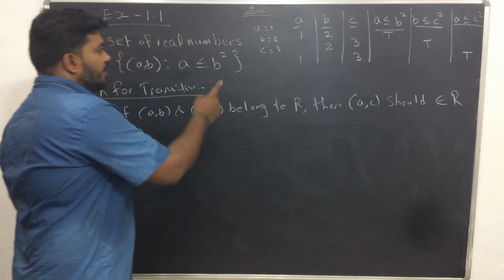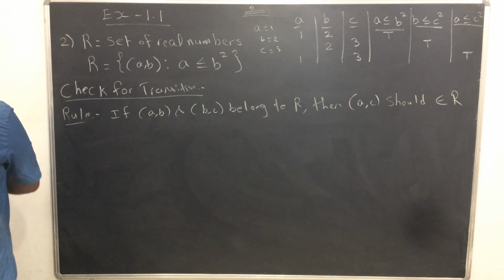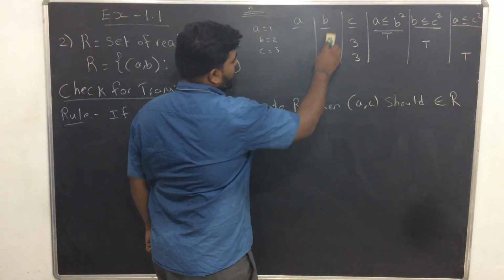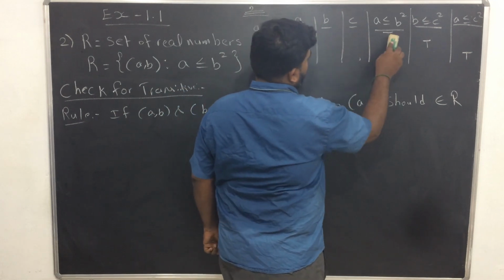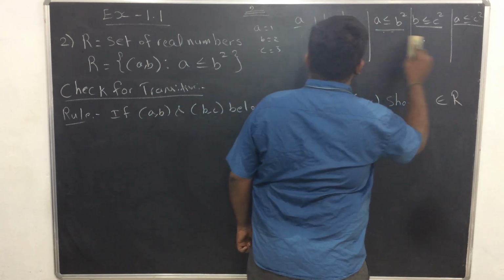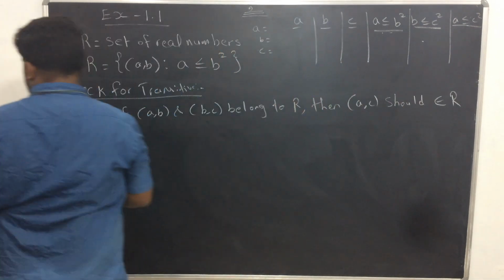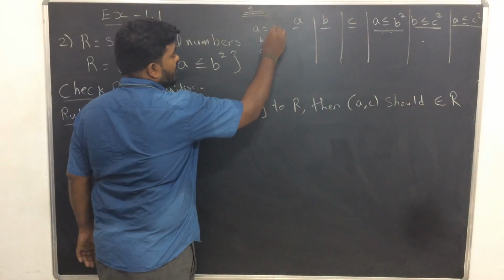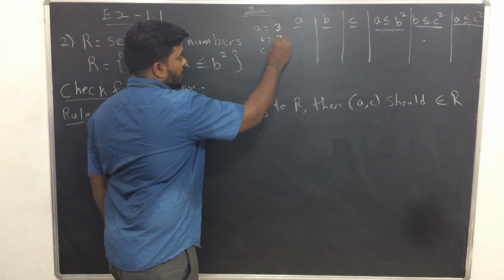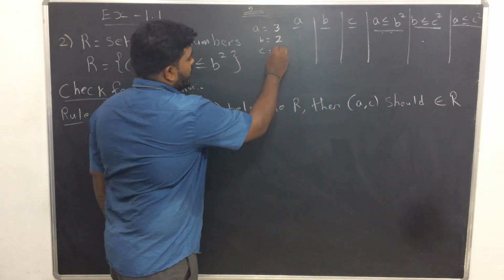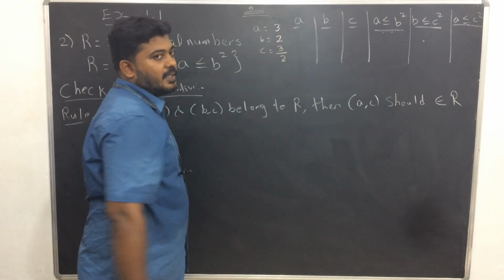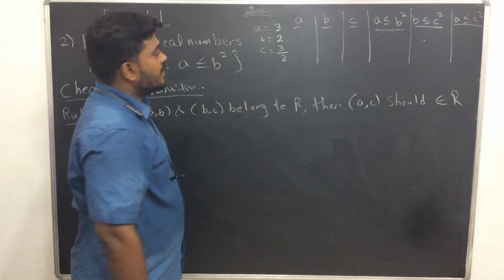Now, if you take a different set of values, for these three values it might seem that this relation is transitive, but if I take A to be 3, B to be 2, and C to be 3 by 2, let's see what happens.